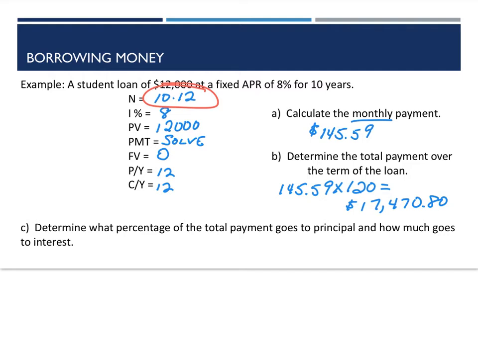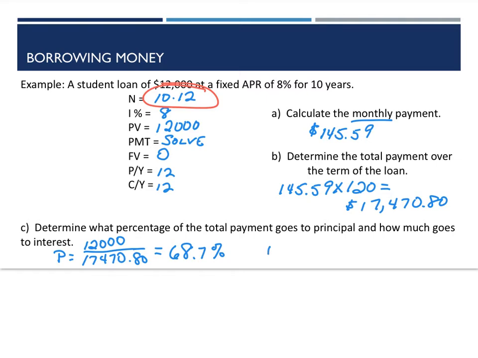If I want to know what percentage goes to the principal, $12,000 was the principal. That's how much I borrowed. Divided by however much I paid, $17,470.80. Get that answer and change it to a percent. Means I paid 68.7% toward my principal.